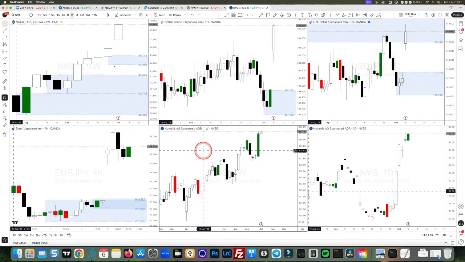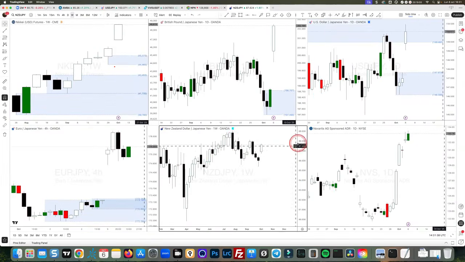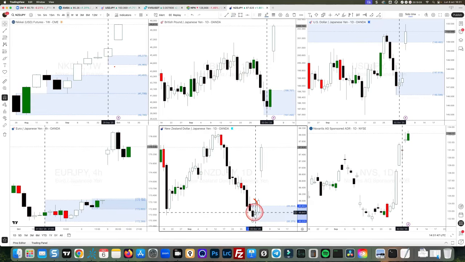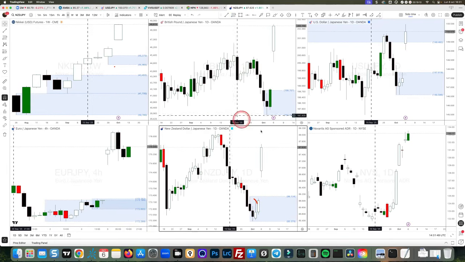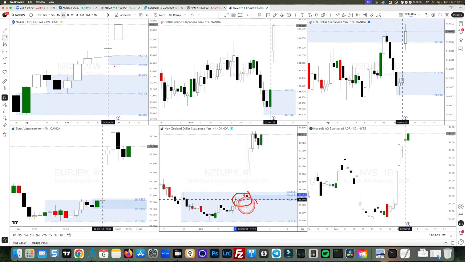And here I'm going to use the Kiwi, New Zealand dollar versus the yen. We have here the weekly rallying again, and look at the strength of this move too, with a gap again. And if we take a look at the 4 hour time frame, the imbalance is right there.